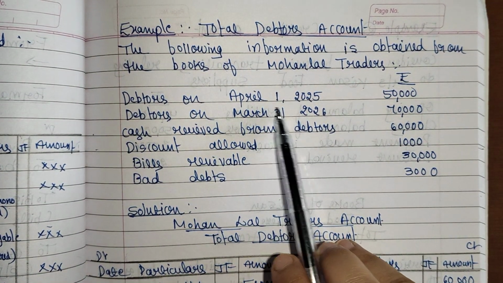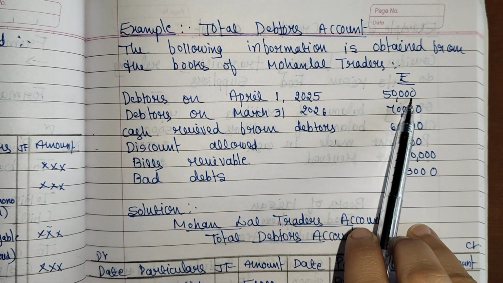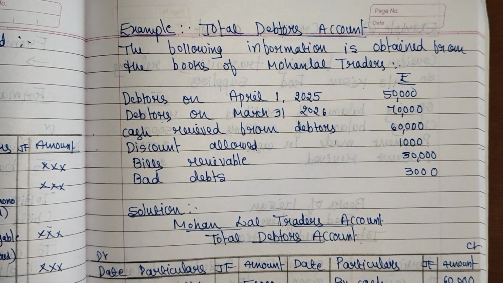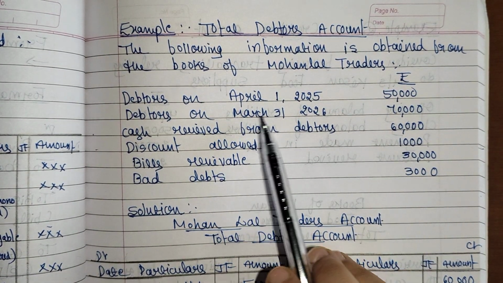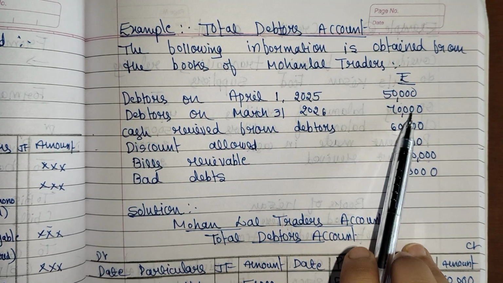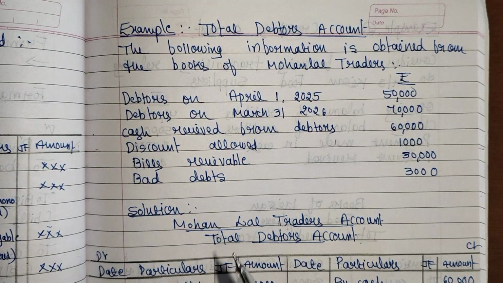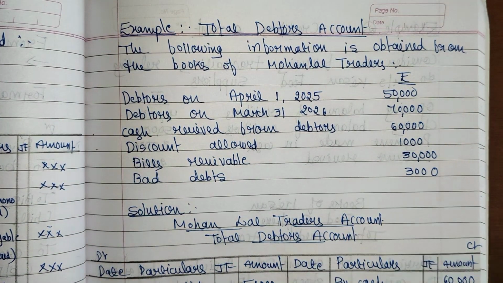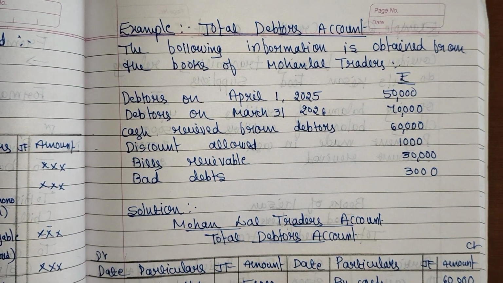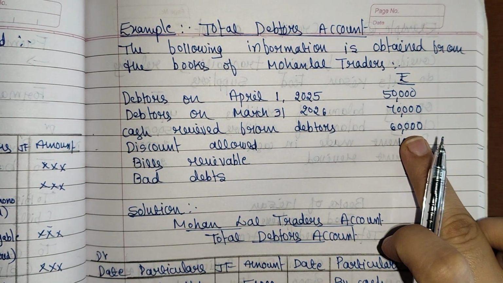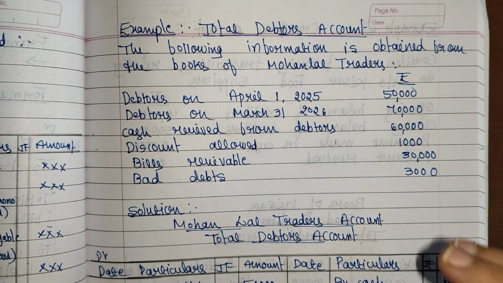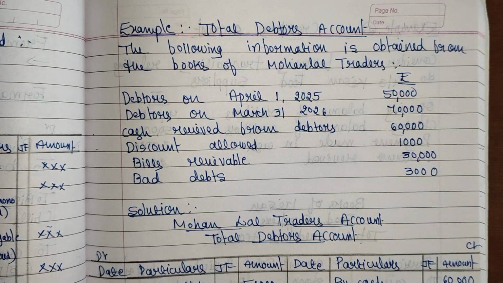So debtors on April 1st, 2025 is 50,000, means to balance brought down. And debtors on March 31st, 2026 means 70,000, means by balance carried on. Cash received from debtors means debtors reduces. Go to the credit side and enter, that is rupees 60,000. And discount allowed to the customers, they pay the less amount, means debtors reduces.